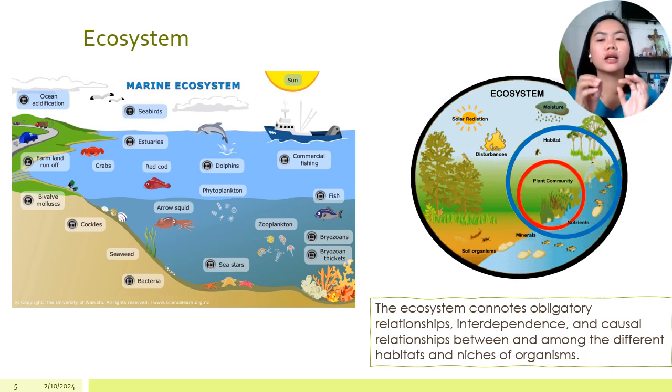So dili lang kay tungod na ay nahitabo nga issue diri nga ecosystem kanilang po siya ang maapektuhan. It will actually affect everything, no? Everything that takes part or is within that ecosystem and even outside that ecosystem. So it's very important that an ecosystem keeps its balance.